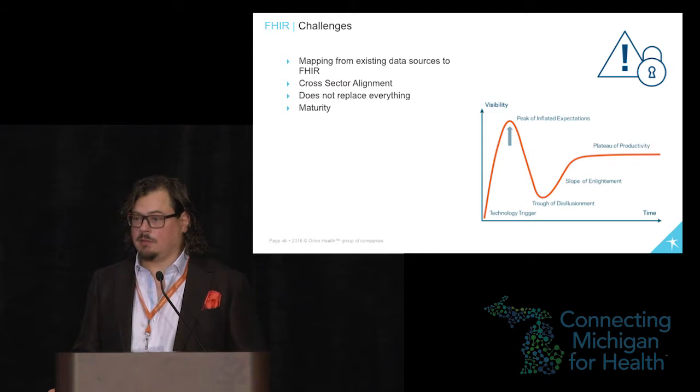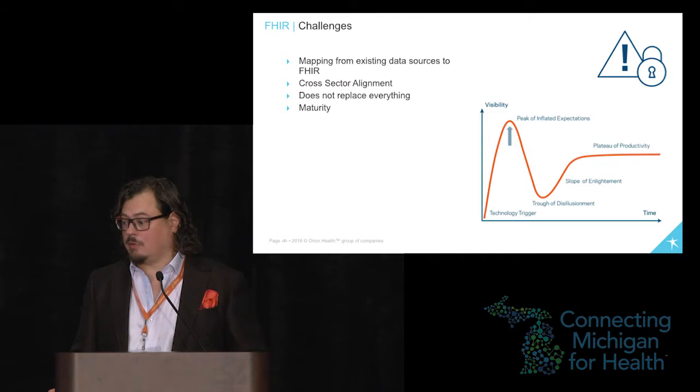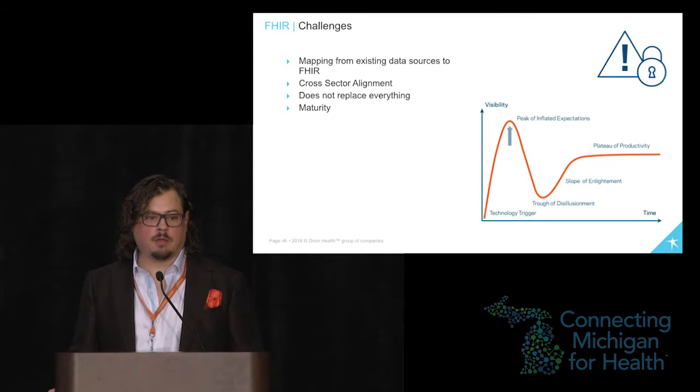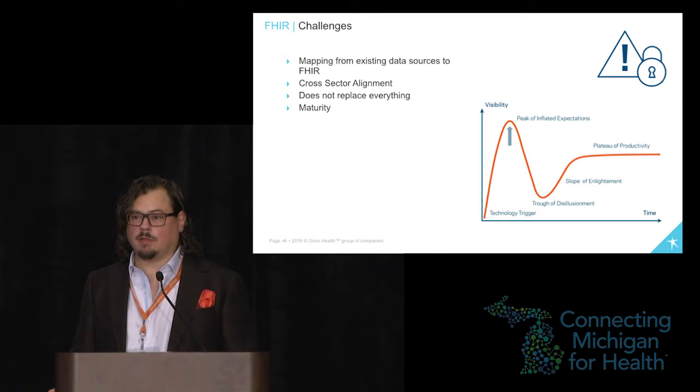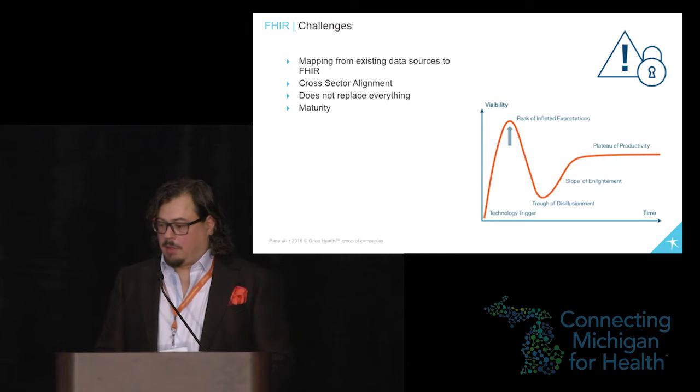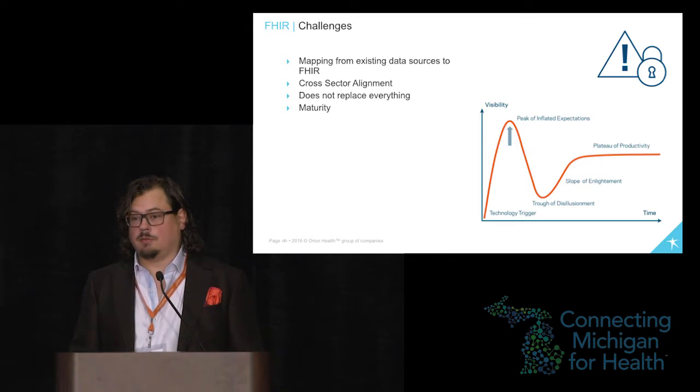So I think we're still going there, but I don't know what happens when we end up in a trough of disillusionment, when we figure out, well, FHIR can't do this for me, or it can't do that for me. It's not going to answer the question that I particularly wanted answered. But we'll see how that goes.